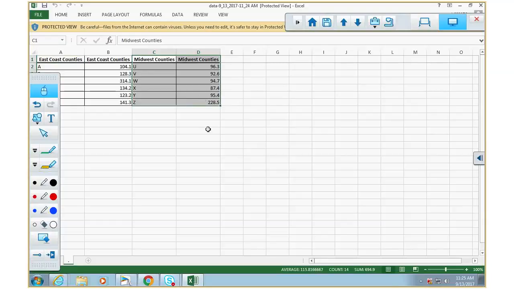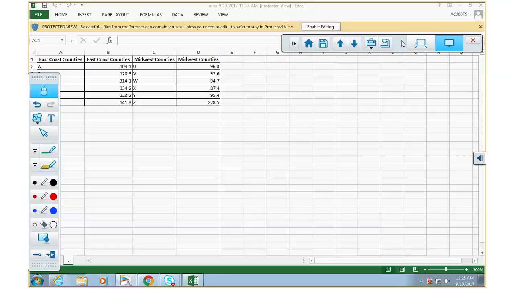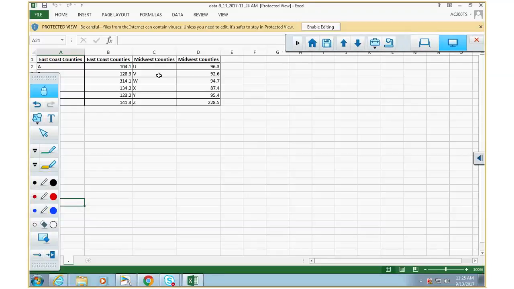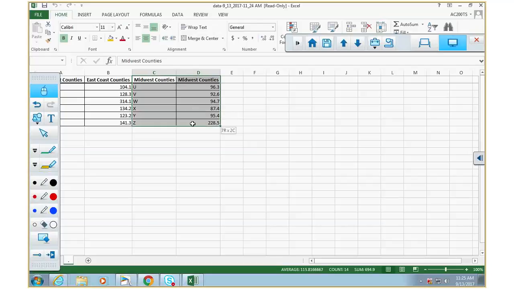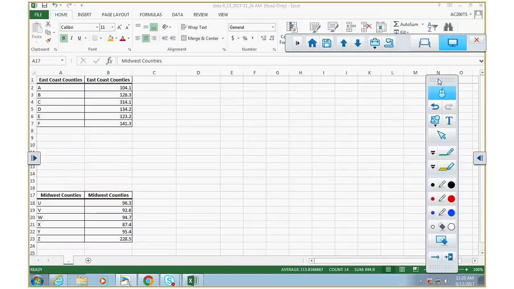Control X. Control V, no coffee. Okay. I hate this thing. That's the only thing I hate about the new Windows, is that dadgum button right there. Control X. Control V. Okay, there you go.